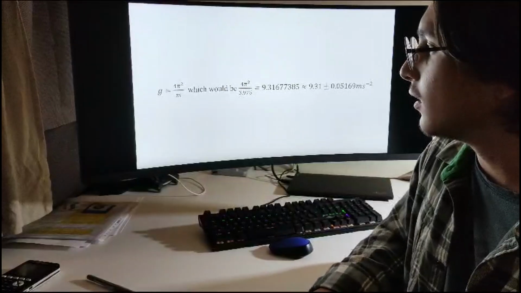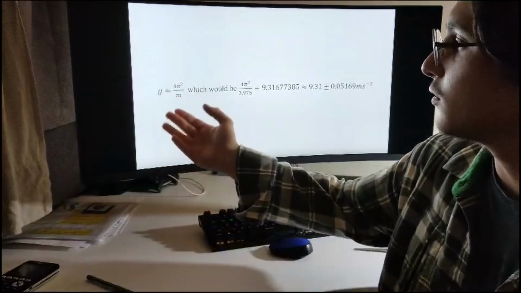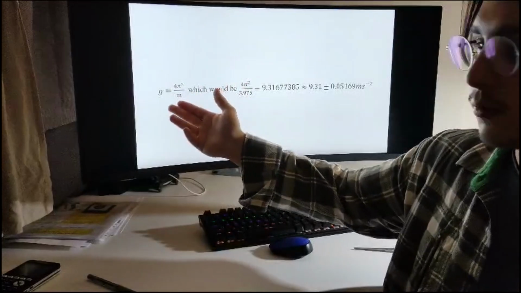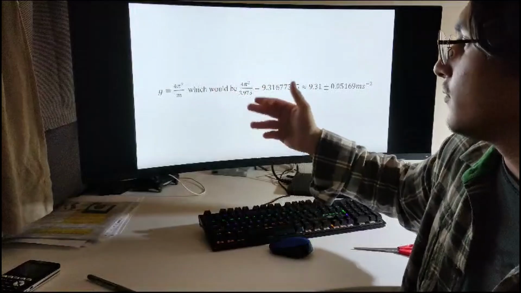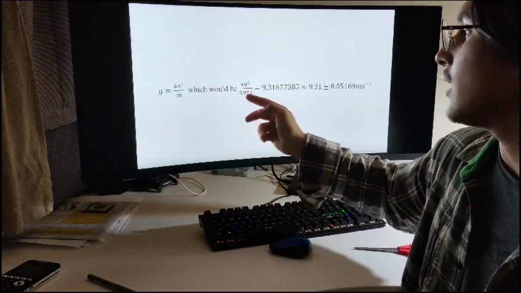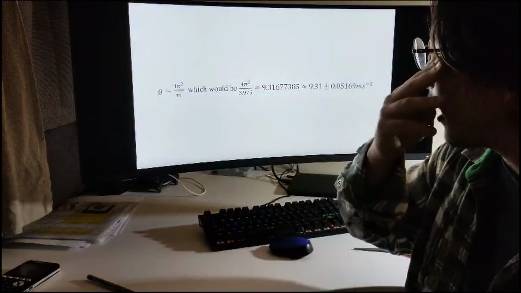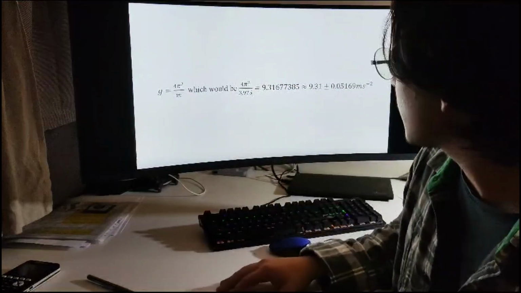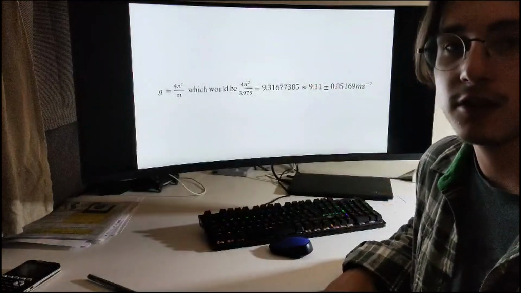Okay, so to calculate our g value, we knew from the start that g was equal to 4 pi squared over our slope of the best fit line, which would be 4 pi squared over 3.975. When we do the calculation, it comes to approximately 9.31 meters per second squared.